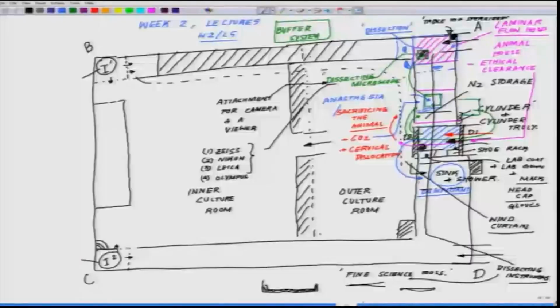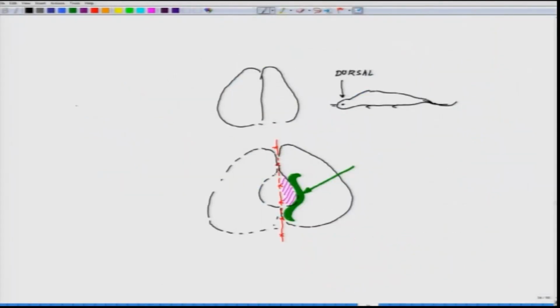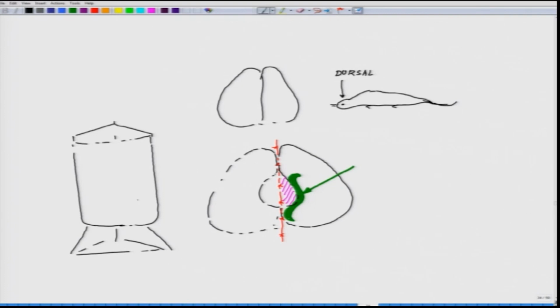Autoclaves could be of multiple types. You will see in any of these labs, they have huge autoclaves sitting in the corridors, most of the time on a stand like this. They are bolted on 3 or 4 sides, and they are connected to the power supply.